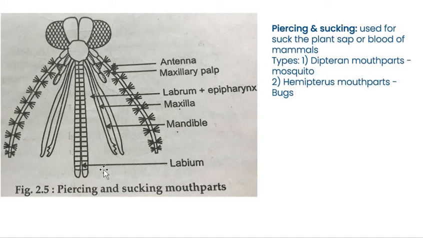Here the insects possessing such mouthparts live on the sap of plants or the blood of many mammals, which they suck after making a puncture in the epidermis of the host's skin. So what is the mechanism when a mosquito bites? First it makes a puncture in the skin and inserts its stylets, with the labium remaining outside the punctured skin.